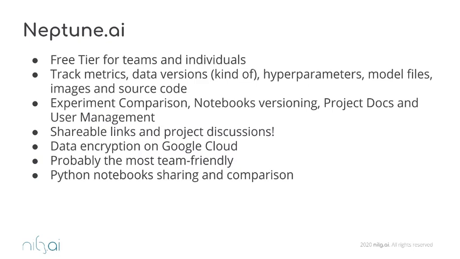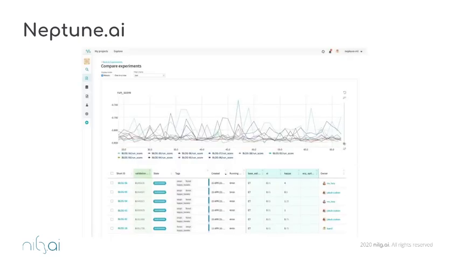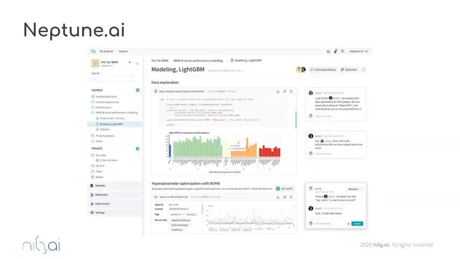What do I mean by that? You have the cool interface as on the previous tools, and similar experiment management and comparison, but the cool thing here is that you can effectively share, comment, and organize your reports inside this tool.